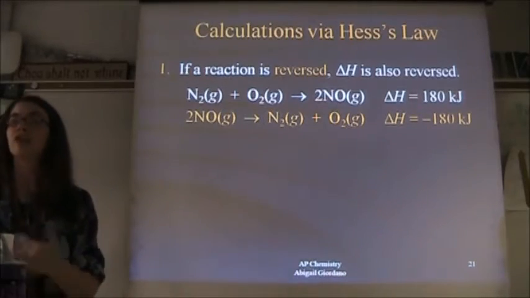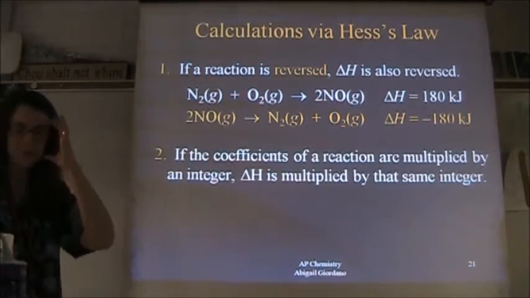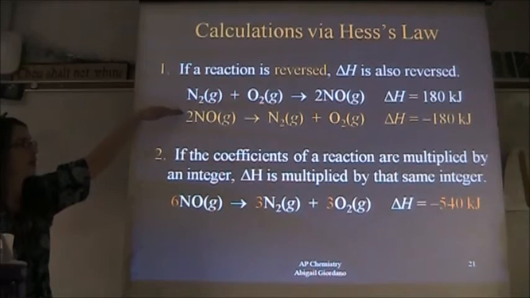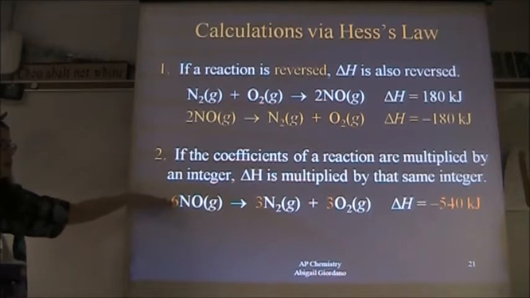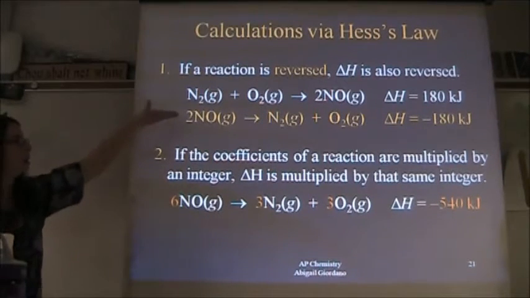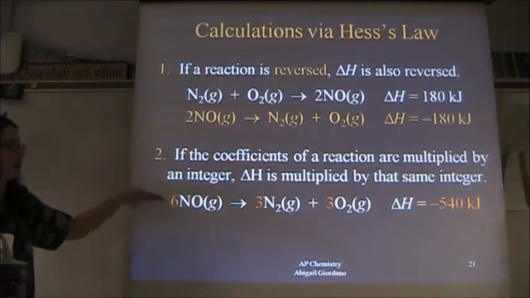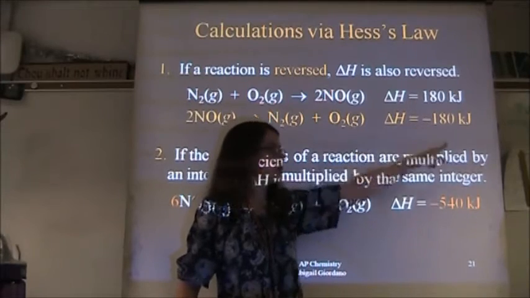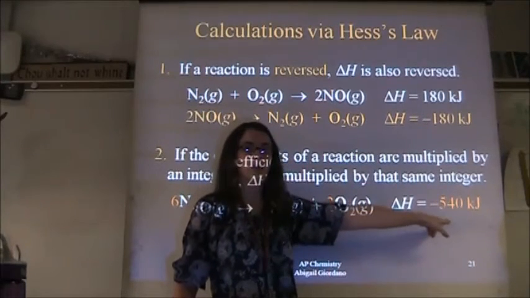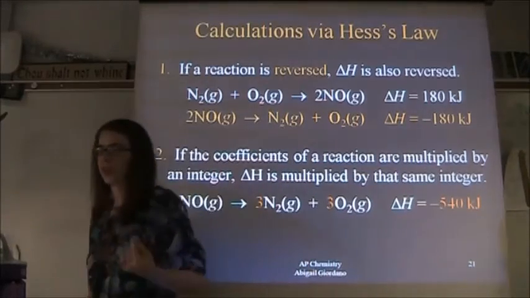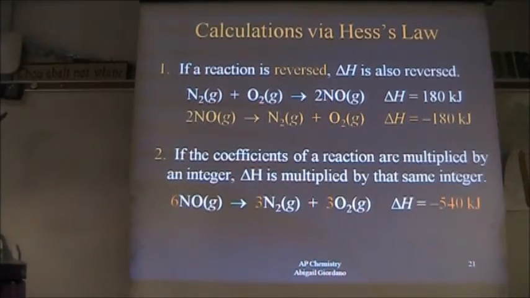What's something else you might have to do? Move your eyes, please, from this line right here down to here. What happened? Yeah, all the coefficients were multiplied by 3. Well, look what happens to the enthalpy change. It's also multiplied by 3. Do you guys remember, we talked about this last class, what it means for heat to be an extensive property?